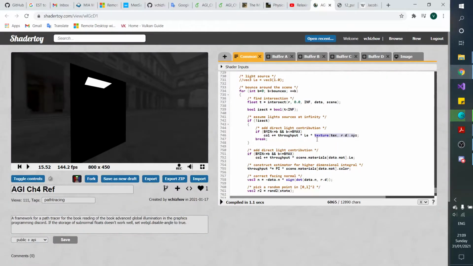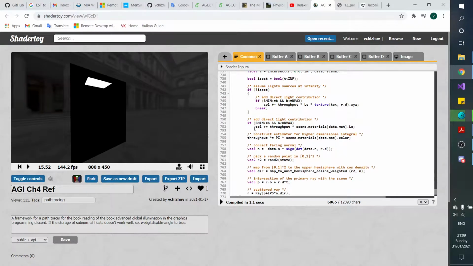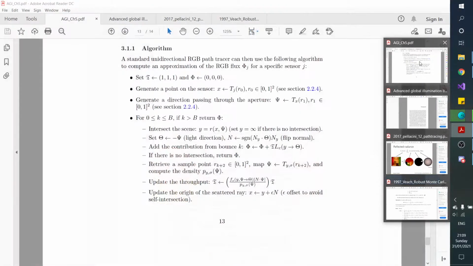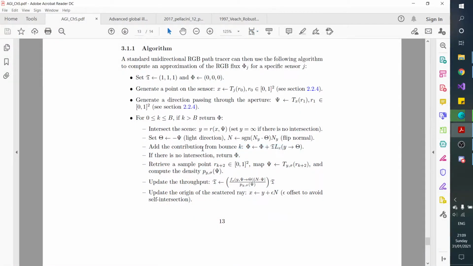So this code here is if you intersected nothing. Now similarly, if you intersected something, then you can simply add the emitted radiance of that something, so this light here, for example, multiplied by the throughput. So it's the exact same thing as mentioned. If there's no intersection, then we just return the color that we have accumulated already.